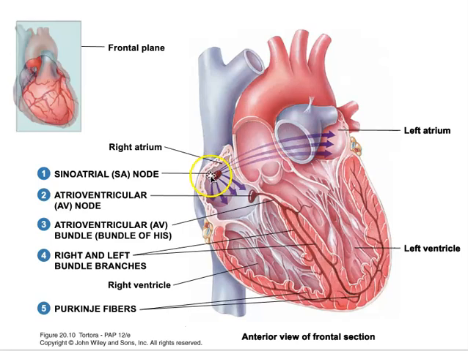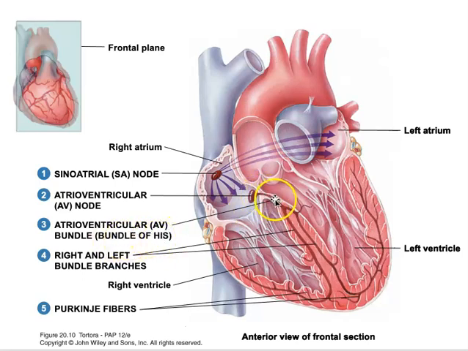So the signal starts in the sinoatrial node. As you can see, it will flow down the right atrium over to the left atrium. It will then travel to the atrioventricular node, which is getting closer to the midline of the heart. The electrical signal will then go down the atrioventricular bundle. The bundle of His is the old name for it.